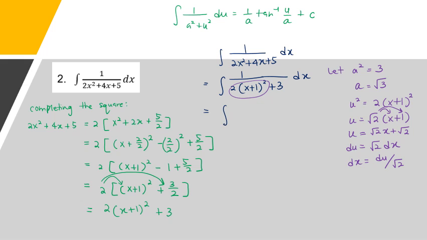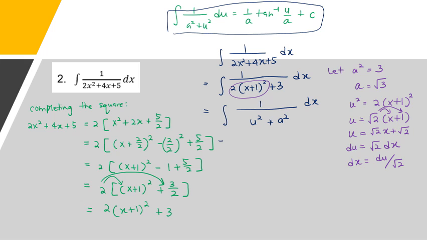So integrate 1 over u square plus a square dx. So we know that bila dapat macam ni, so sama dengan formula atas ni. So kita tahu jawapan dia adalah 1 over a tangent inverse u over a plus c. Salah lah. So ni bukan dx.